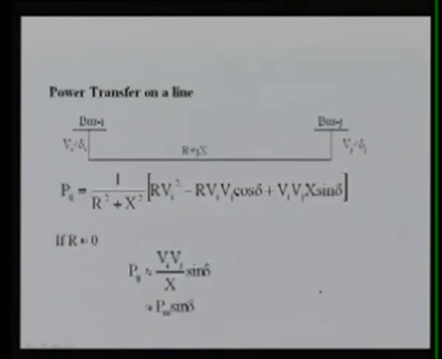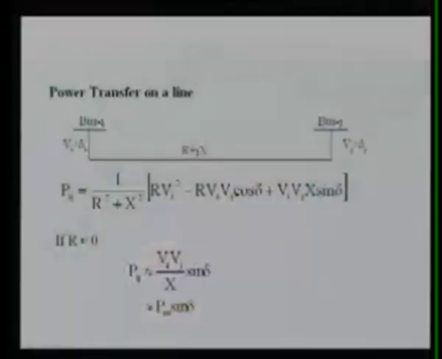Let us see the power transfer on a transmission line. So far we have seen the power transfer including the machine, transformer and the transmission line. Here we have a bus I and a bus J, with voltage magnitude Vi and angle delta i, and Vj with angle delta j, and the impedance of this line is Z equals R plus jX.